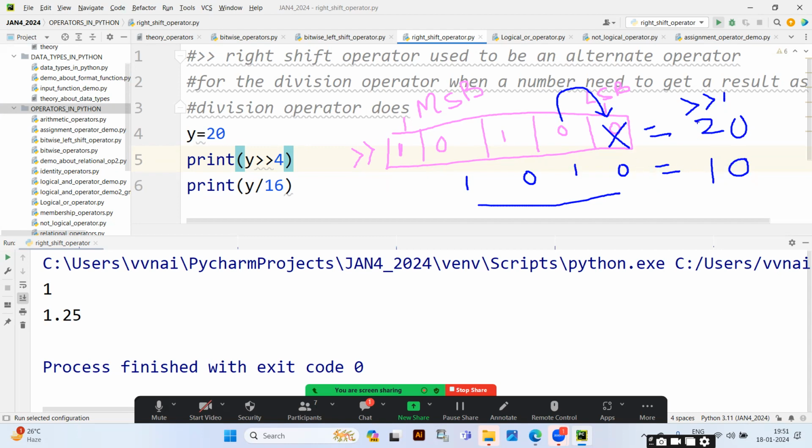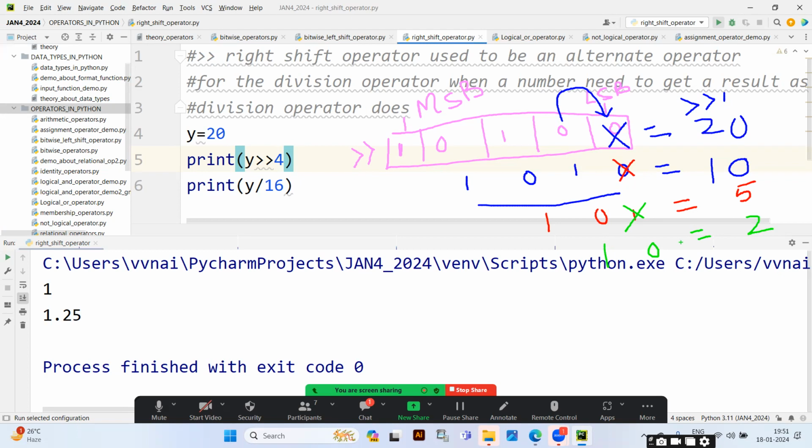If we right shift 2 times, again this value vanishes. The leftover is 1, 0, 1. 101 becomes 5. When you perform the right shift 3 times, this value vanishes and 10 is left over. 10 is equivalent to 2.